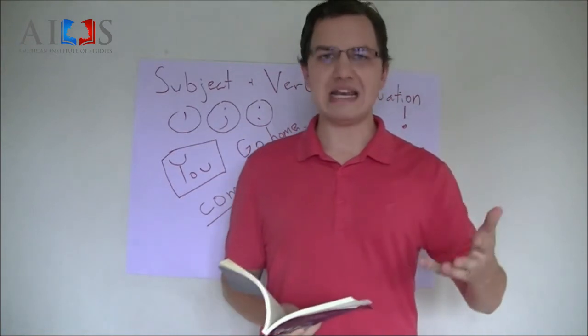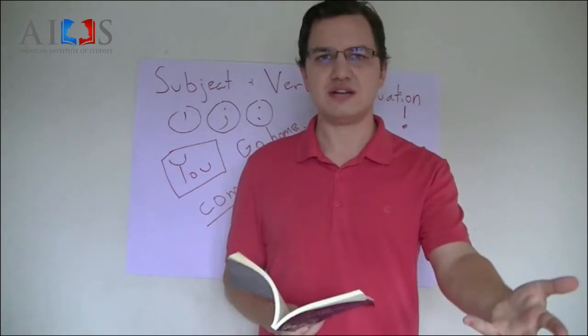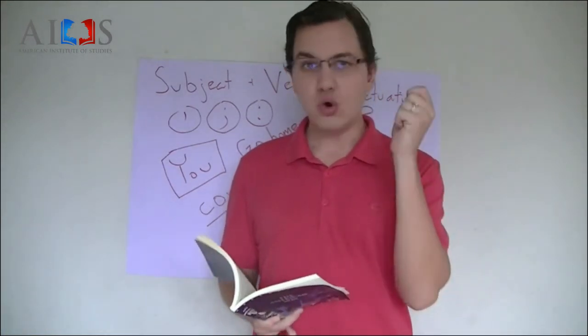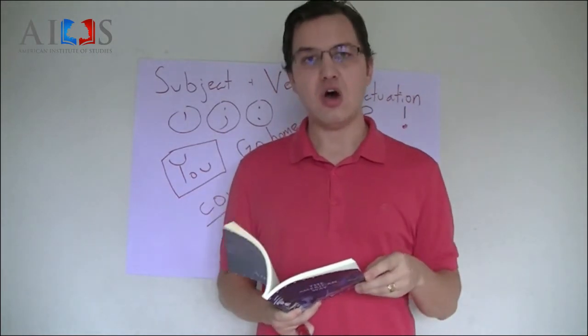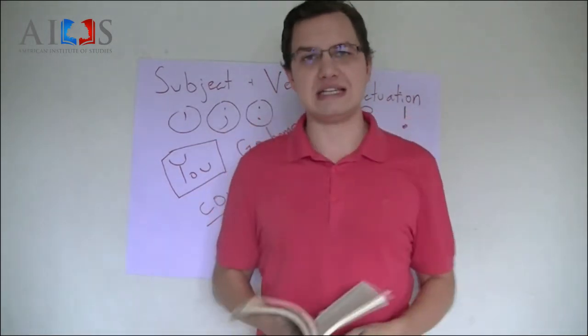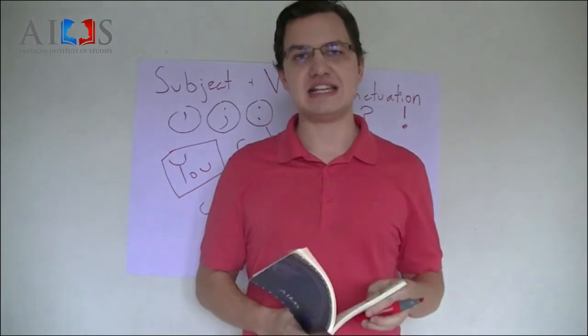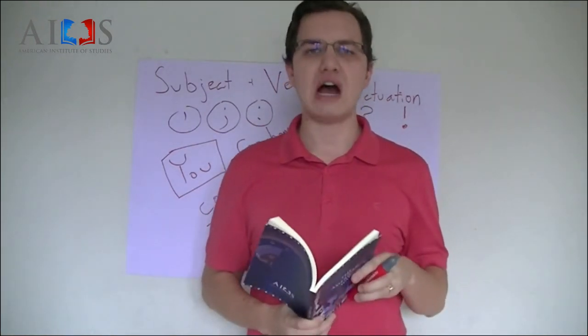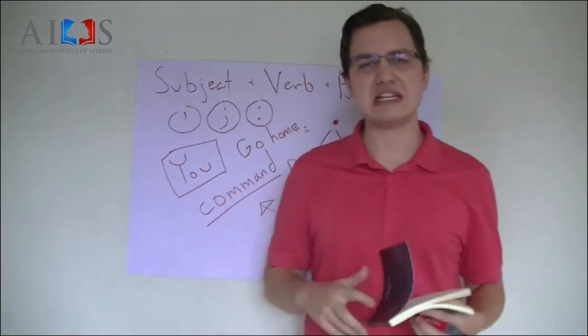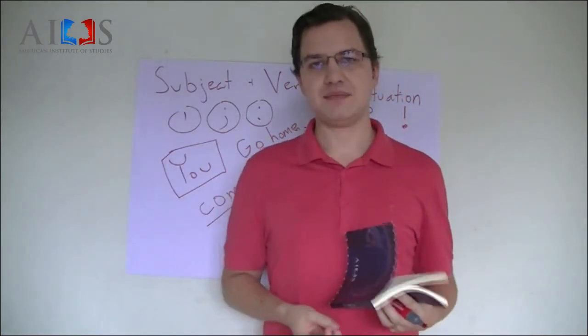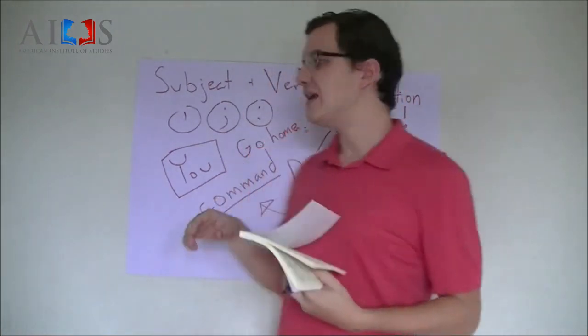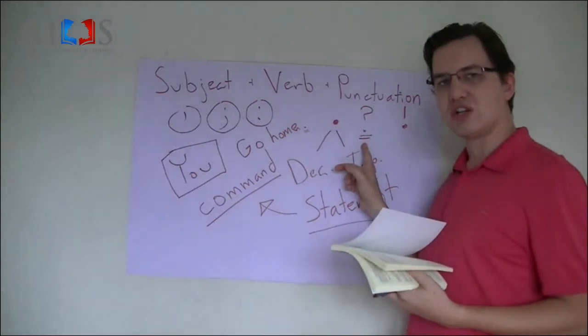So somebody is asking a question. They want to know whose plane ticket. Or, what are you doing today? This kind of sentence is called interrogative. Interrogative means question. It's a question sentence and must finish with a question mark.